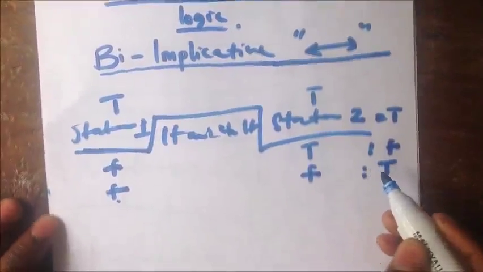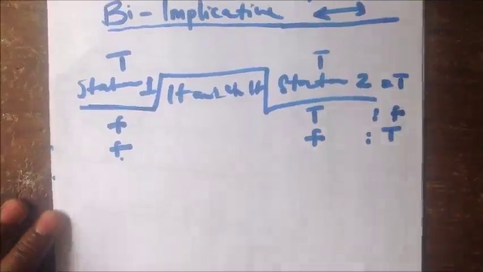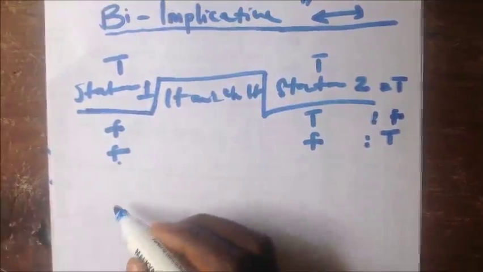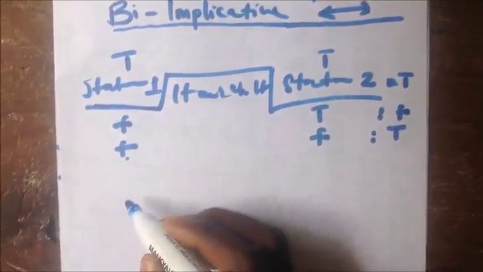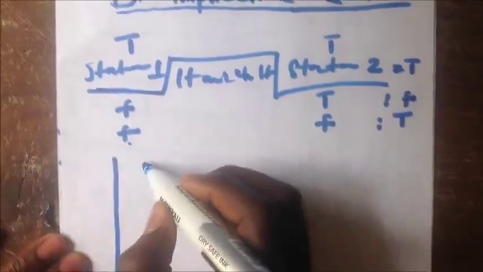Now, to check what may be required in the case of biimplicative, let's have a truth table to check whether there's a certain relation that we can come up with.